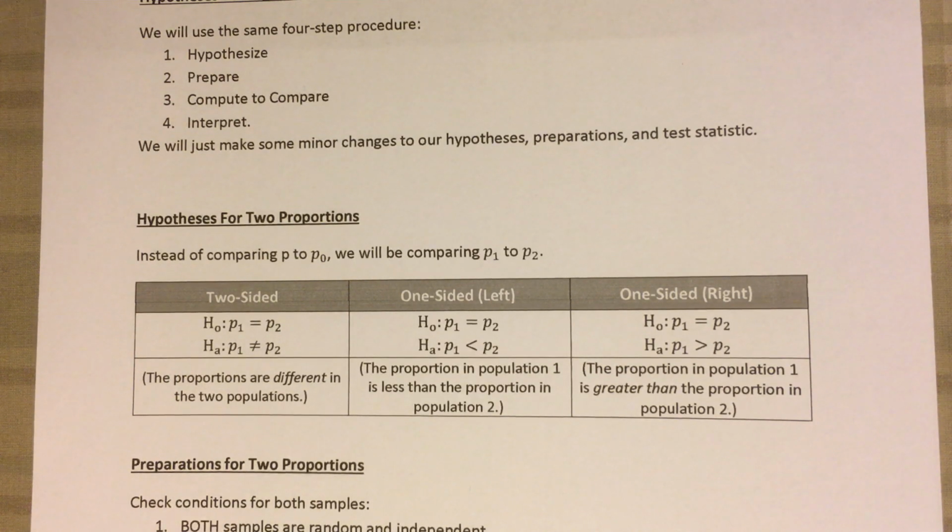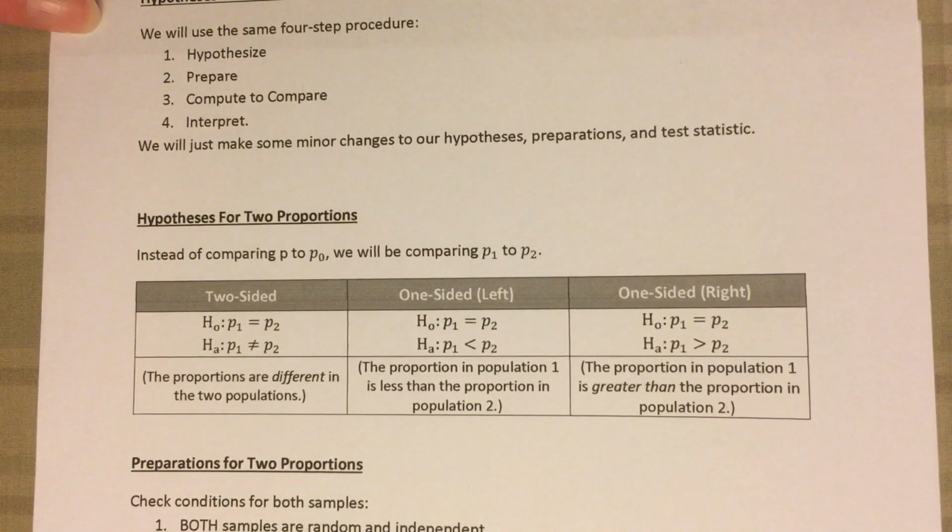And for our other two one-sided alternative hypotheses, we're going to use either a less than sign or a greater than sign. So unlike what we saw for our one proportion test, we're going to see two proportions, and we're not going to have any number values in our hypotheses. We're just going to have P1s being compared to P2s.